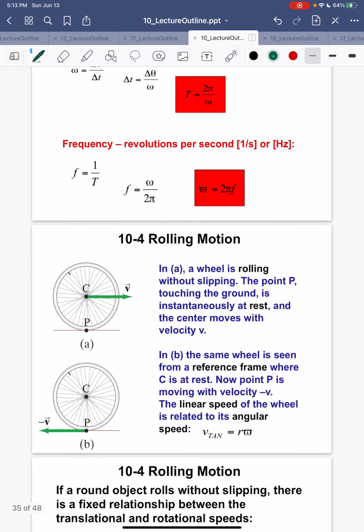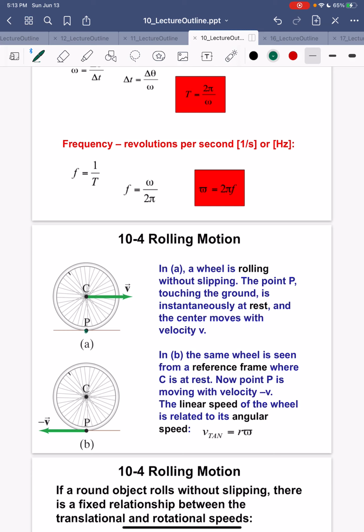Now, rolling motion here, we are going to talk about a motion that is a combination of a translation plus rotation. In this diagram here, I have a wheel that is rolling without slipping. We can see that this point here, which is in touch with the ground, is instantaneously at rest, and the center moves with the velocity v.